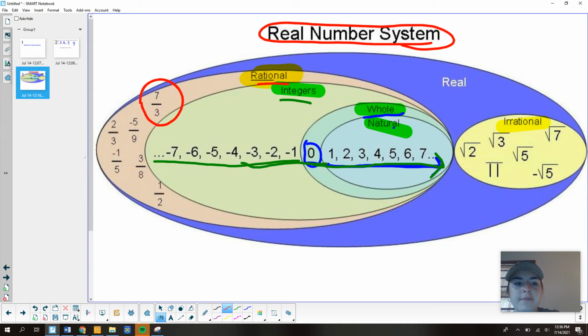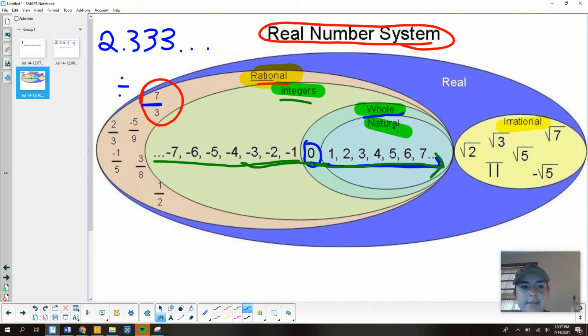But if we look at something like 7/3, we've talked about this before, hopefully. That bar represents division. If we want to check if it's a rational number, we can pop it into our calculator. 7 divided by 3 gives us 2.333 repeating forever and ever.